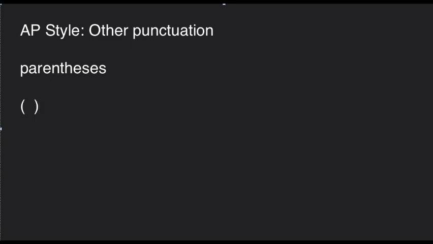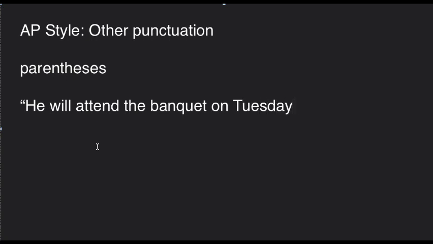One key use of them would be to insert words into a quote that are there for clarification. So a lot of times if the person spoke and they used a pronoun and the reference isn't clear, you might say, let's say the original sentence was, he will attend the banquet on Tuesday.